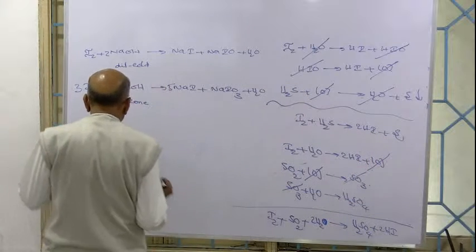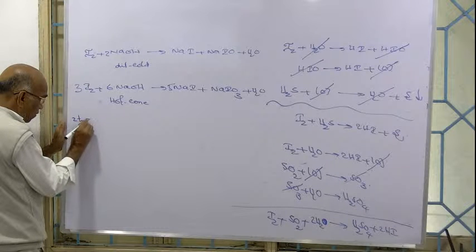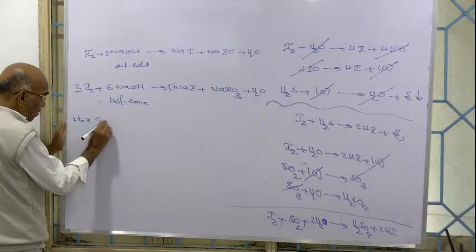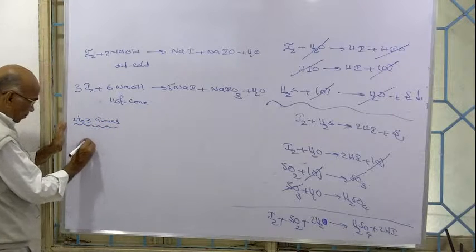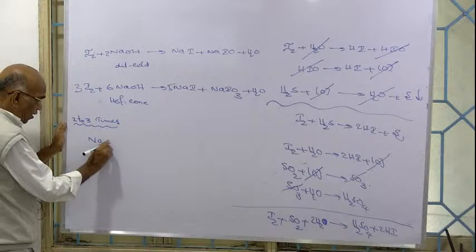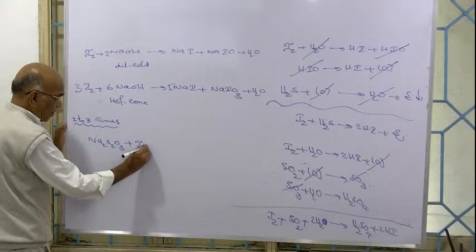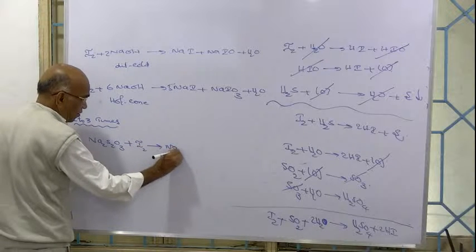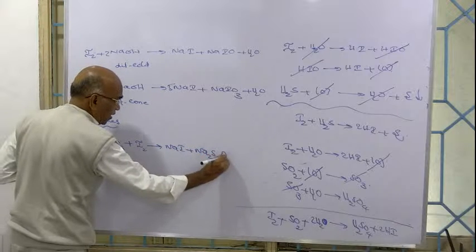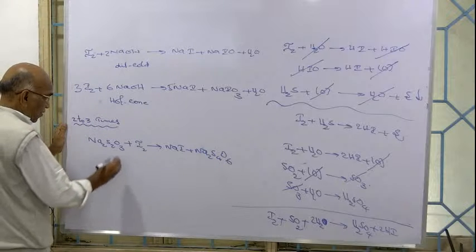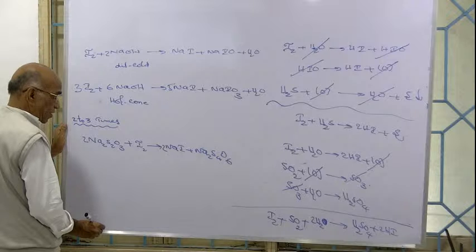This reaction has been asked in previous MSET 2 to 3 times, if you take the last 15 to 20 years. Na2S2O3, sodium thiosulfate, plus iodine gives sodium iodide and sodium tetrathionate, 2 moles each: 4 sulfurs, 2 iodines.